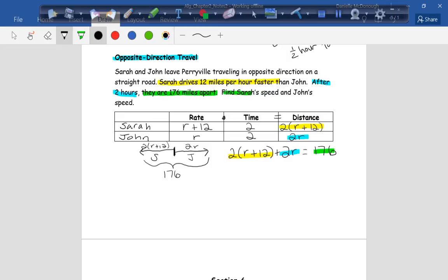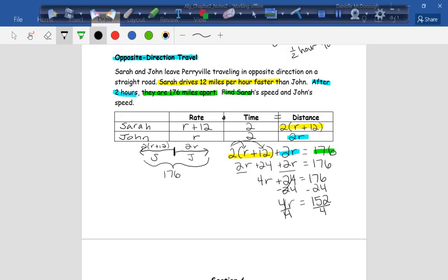So now I have a multi-step equation. They don't even have variables on both sides. So I'm going to start by distributing: 2R plus 24 plus 2R is equal to 176. I have some like terms on this side. 2R plus 2R is 4R plus 24 equals 176, minus 24. 4R is equal to 152.